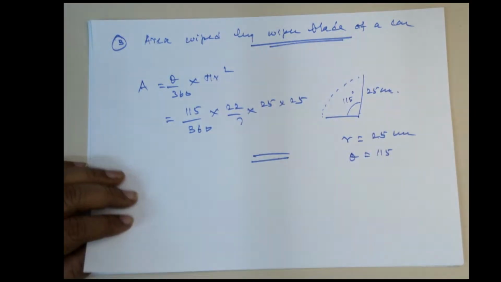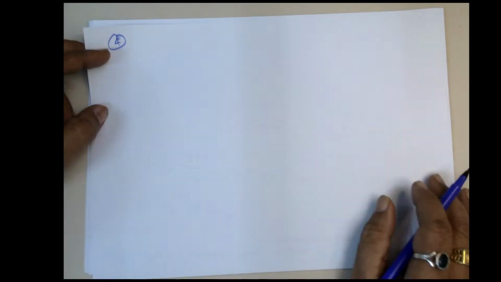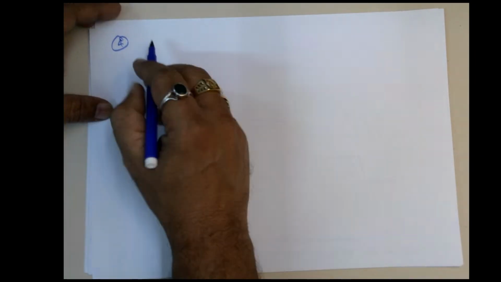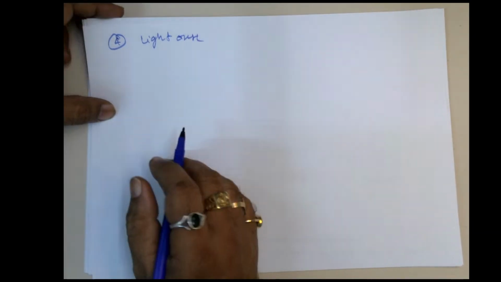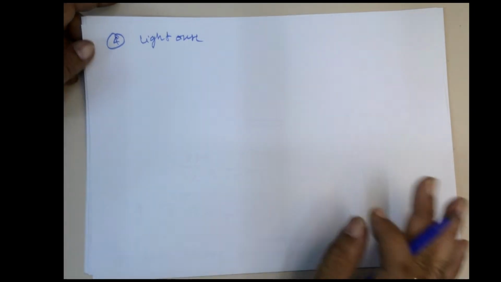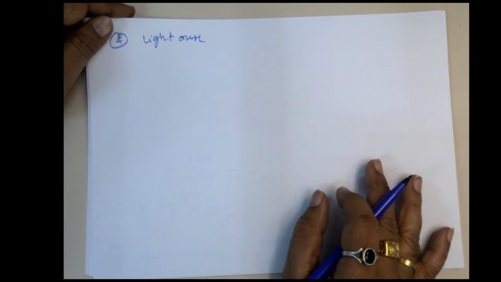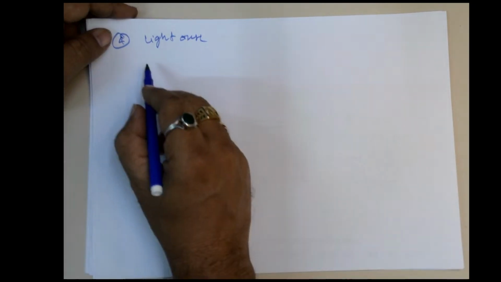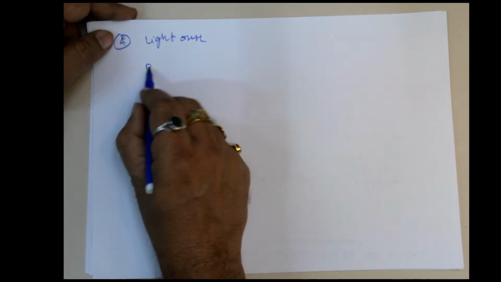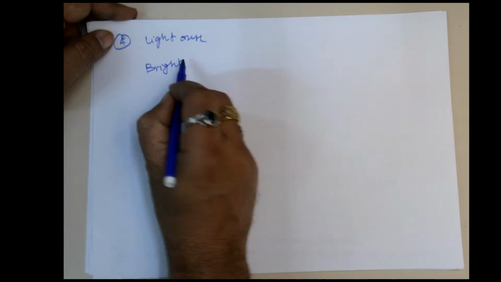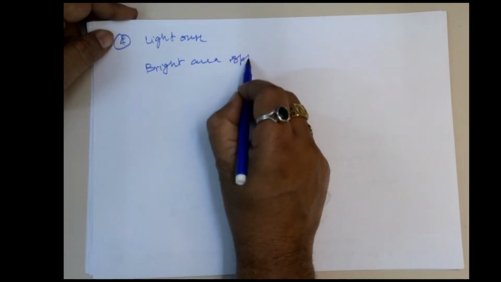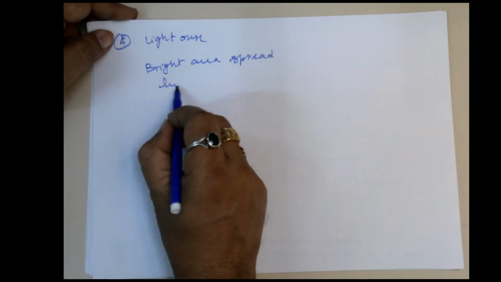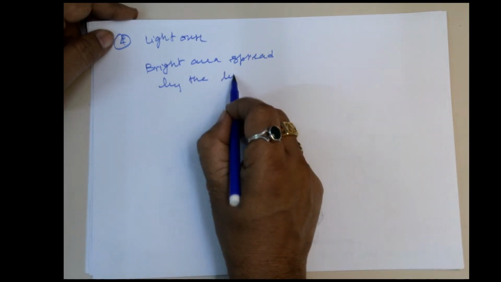Then let us proceed with the next sum, that is the fourth sum, where there is a lighthouse. This lighthouse will be spreading a bright light around the lighthouse, is it not? So what is the bright area swept or spread by the lighthouse?